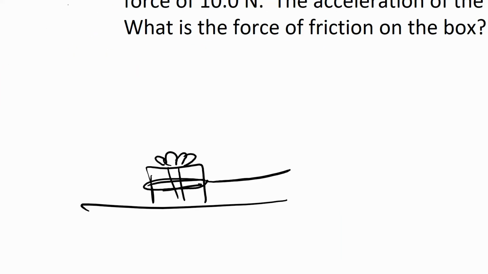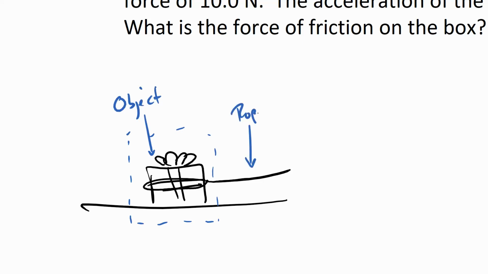All right. Package, I choose you. So the package is my object. Everything else, namely in this case the rope and the ground and Earth itself, are outside of my system, my environment.